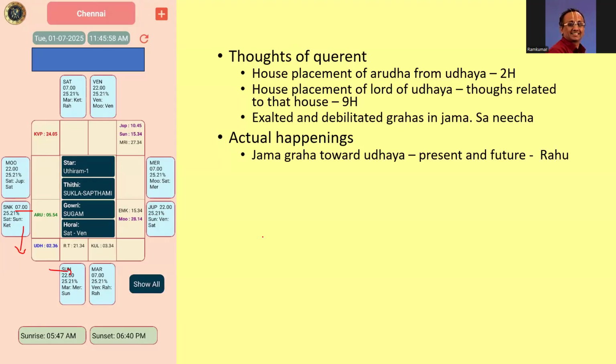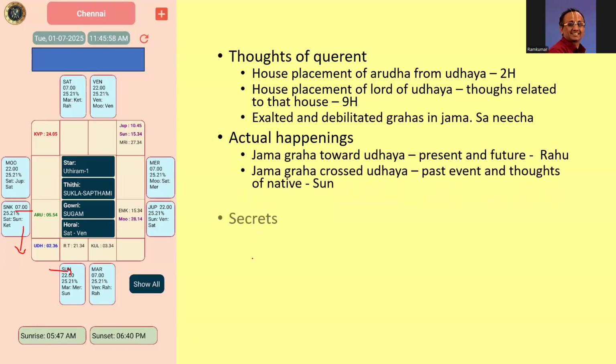Now, in Jamakol, this is an exercise for you. There is a book called Jirendra Mala, available online in PDF version. Find it and figure out what the house ownership is for snake or Rahu. Then the secret.